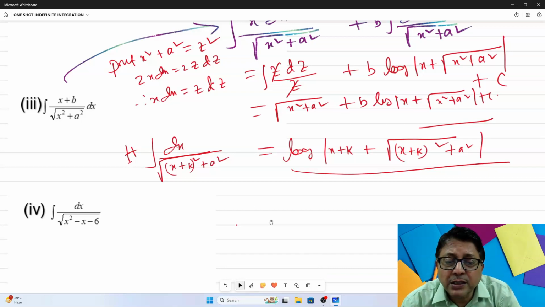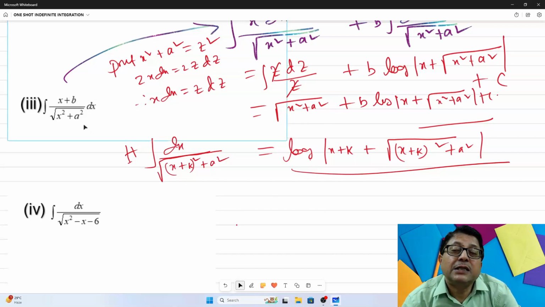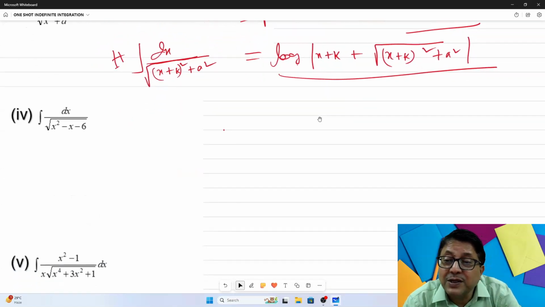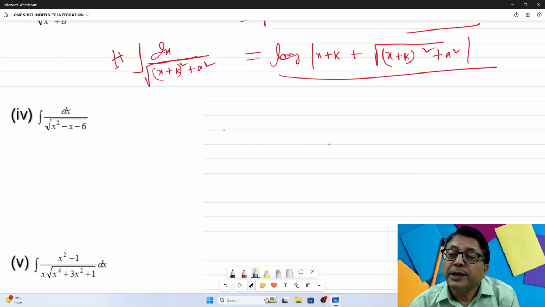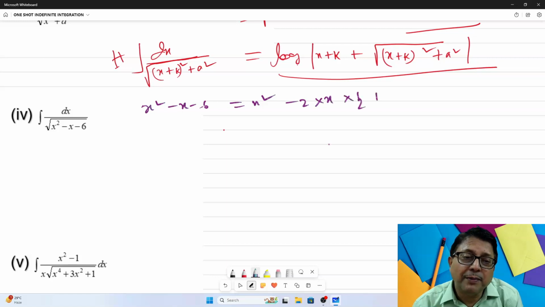But for a faster method, it is better you express the whole integrand by the method of completing the square in this form. For example, when you are going to write this one, the denominator inside the root, what is there? You have to make it a perfect square. You write 2 into x into half, 1 by 4.